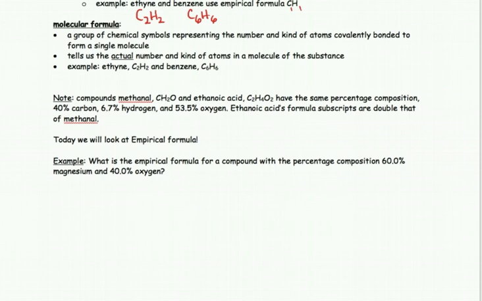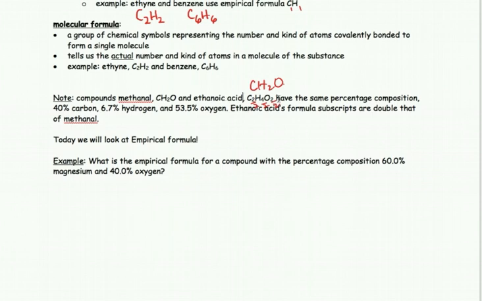See how you can divide this one by 2, this one by 2, this one by 2, so you get a formula of CH2O, and then it looks just like the methanoic acid formula, right? So that's why you've got to make sure you know what you're finding today. Keep in mind that some empirical formulas do actually represent the chemical formula of a substance as well. Some don't. Like here, you had to multiply by 2 to get to the ethanoic acid chemical formula.